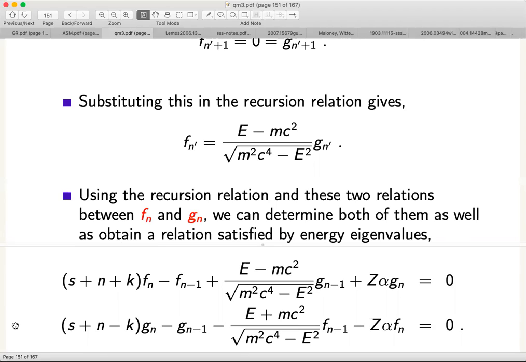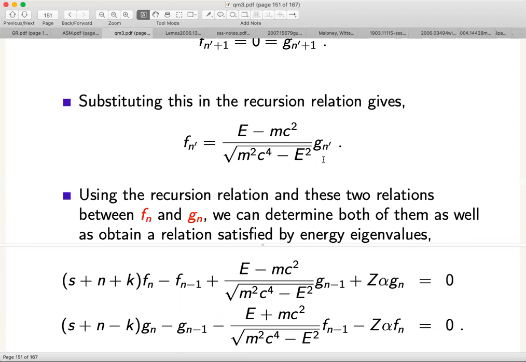So we are fitting n equal n prime plus 1 and taking fn prime plus 1 as 0 and gn prime plus 1 as 0. And then we are finding out the relation between fn prime and gn prime, which is what you have shown in the upper slide. Yes, that is for n equal n prime highest, where the series truncates. That is right.